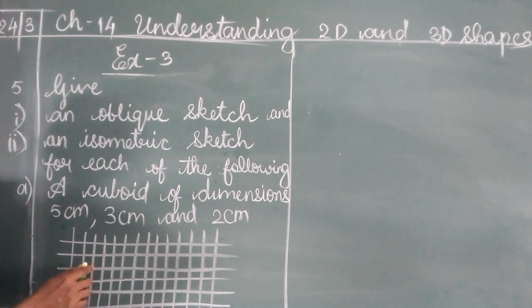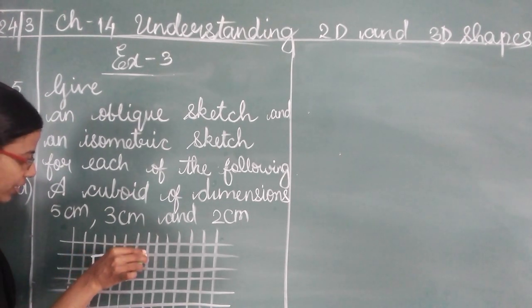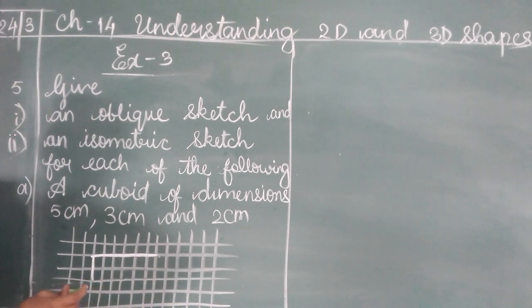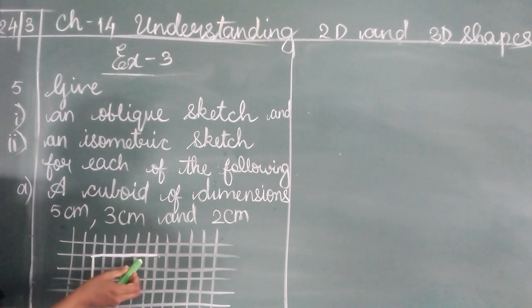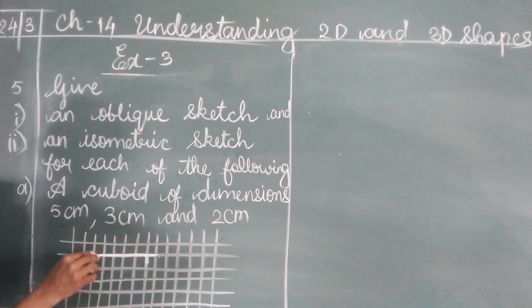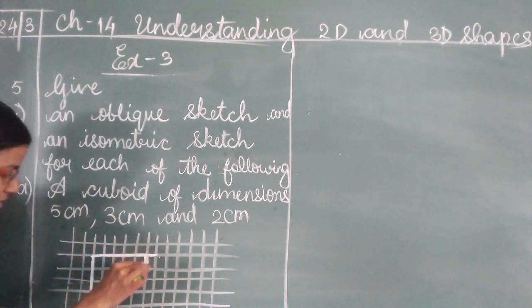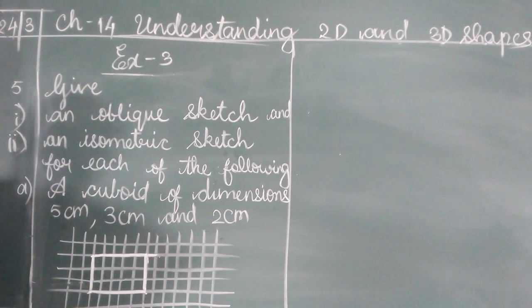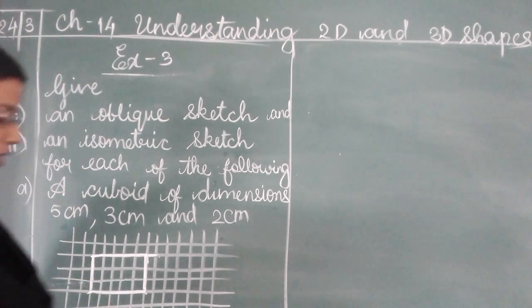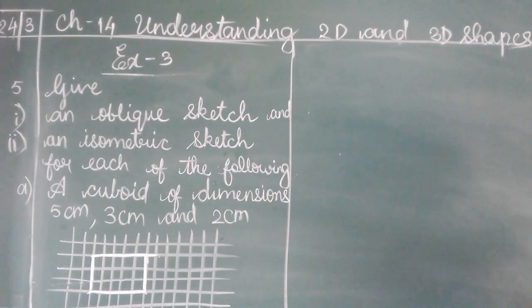So let's draw. So this is 1, 2, 3, 4 and 5. Okay, then 3. 1, 2, 3 and 1, 2, 3. I don't think you are able to make out the difference.